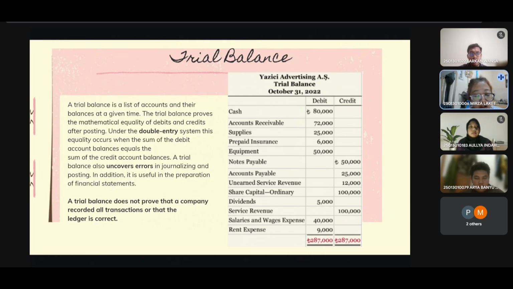So you see in the calculation of the trial balance with the red colors, it's equal. But a trial balance does not prove that the company recorded all the transactions or that the ledger is correct. So you still have to make sure whether the ledger is correct, not just from the trial balance.